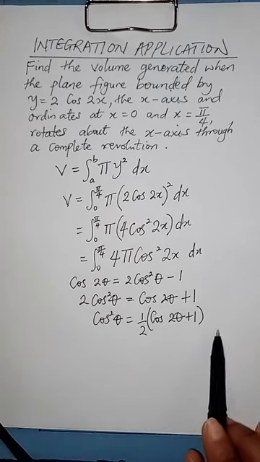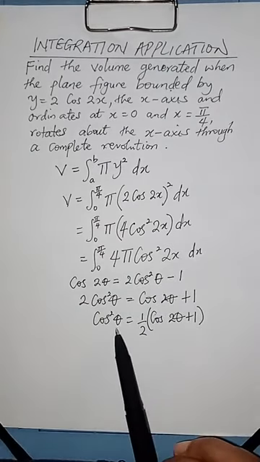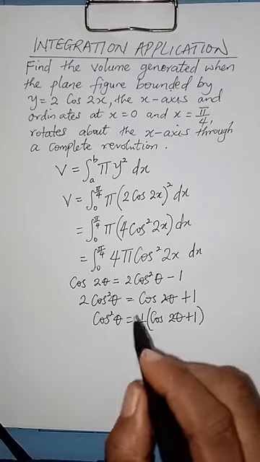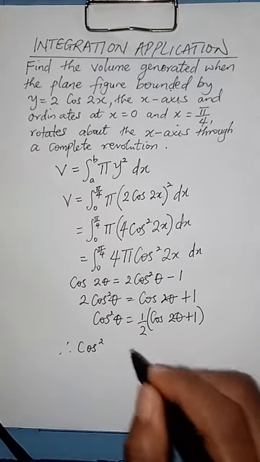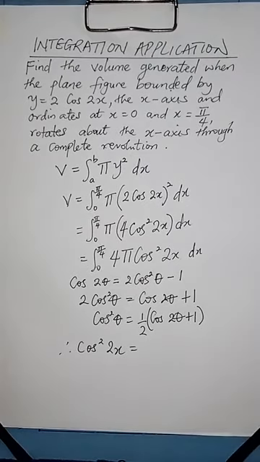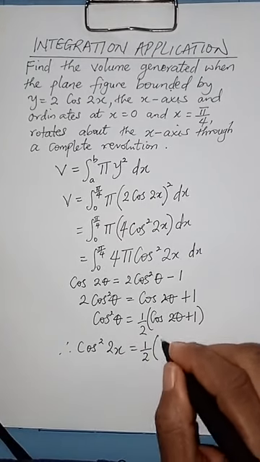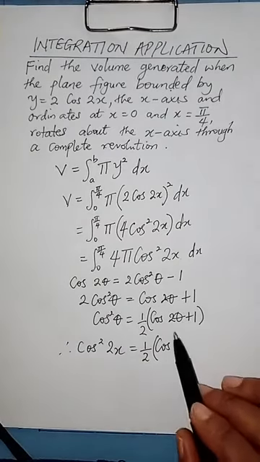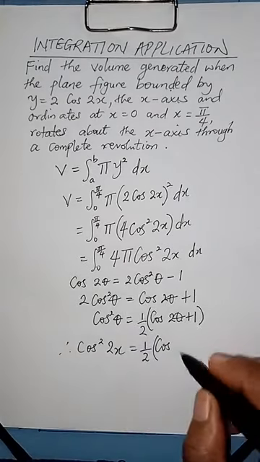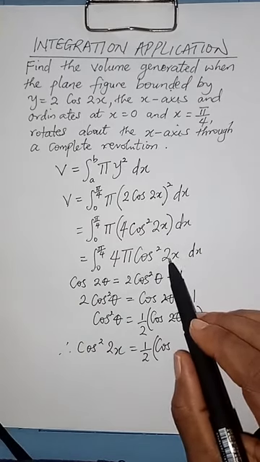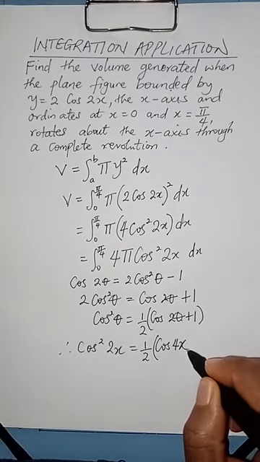Now this has given us an idea of how to get cos squared 2x. Remember, you have 2x in place of theta. So therefore cos squared 2x, which is what I am looking for, will be 1 divided by 2 times cos of, instead of 2 theta, because of this 2 here, this 2x is going to be 4x, plus 1.